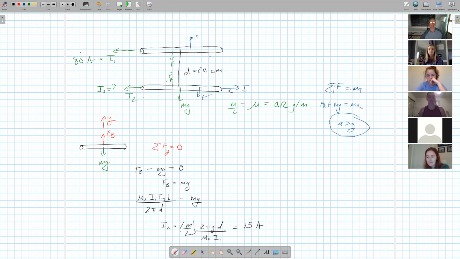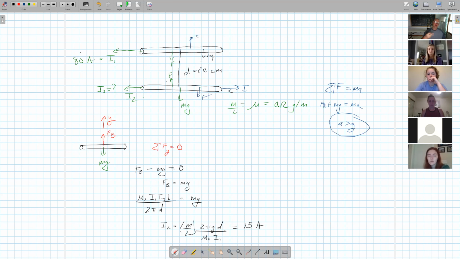If I was looking at the top wire, I would have gravitational force downward. In that case, I would need a repulsive force to keep that one from falling. So it just depends on which wire I'm looking at. In this case, since I'm looking at the bottom wire, I need it to be pulled upward. If I wanted the top wire to not fall, I would need a repulsive force because it would have to counteract the gravitational force.